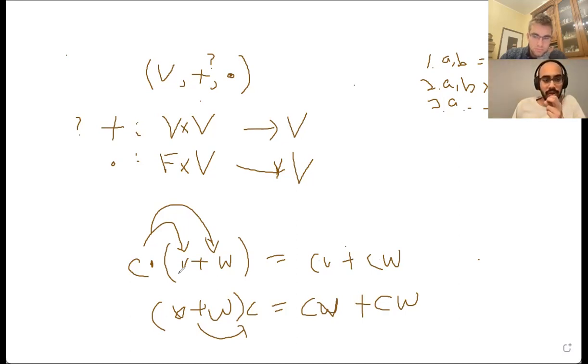Let me look up another example of a vector space for a second. I'm going to grab someone else's definition. Oh, this one talks about monoids. I don't need to know that. Let's not do this right now.